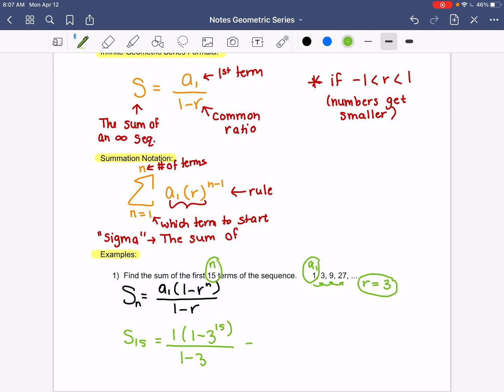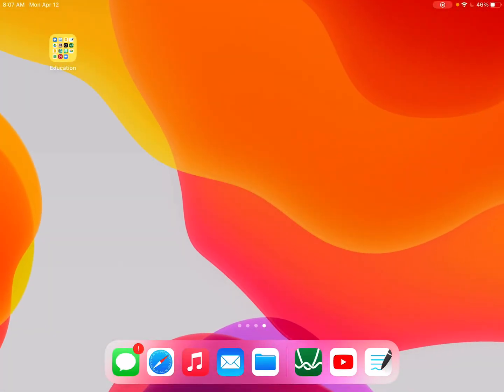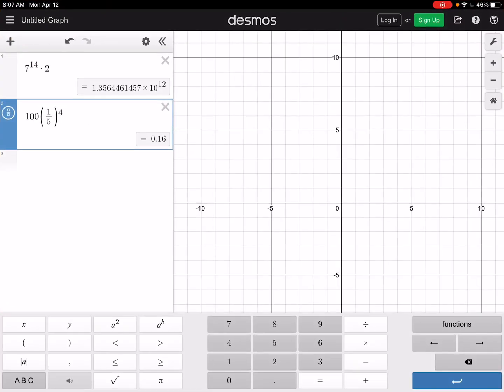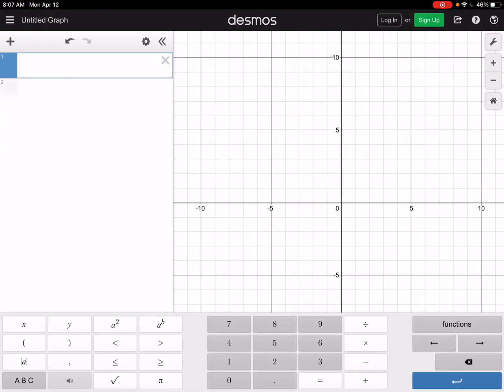Okay. And we're going to have to use a calculator for that. So 1 times 1 minus 3 to the power of 15 does it really nicely for us. So negative 14,348,906.